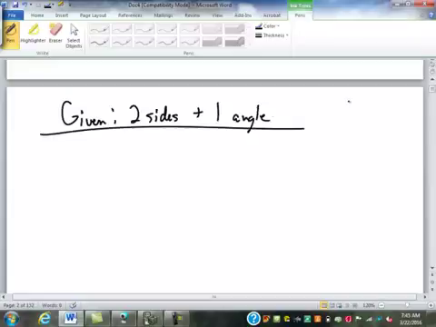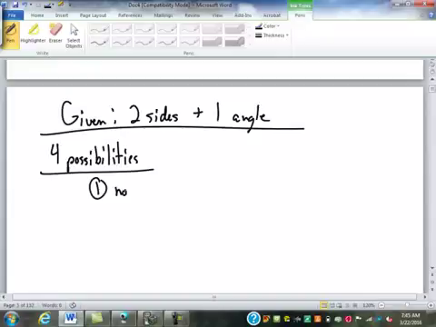This can be more difficult because there are four possibilities really. Possibility one, everything's normal, A-okay, just do it. Possibility two, it's not a triangle.